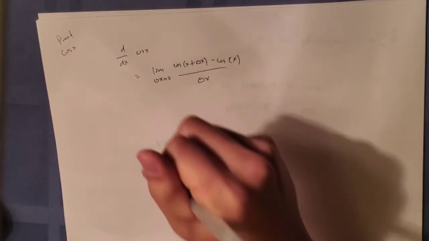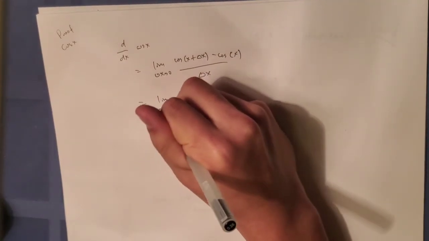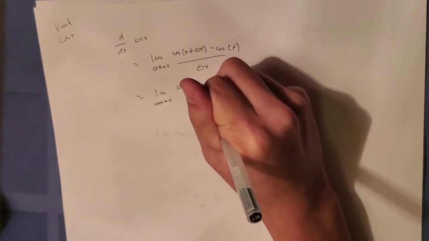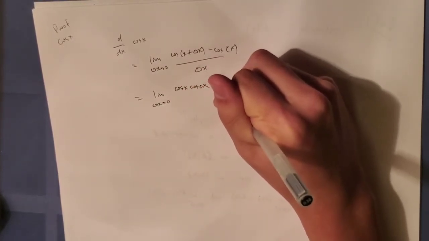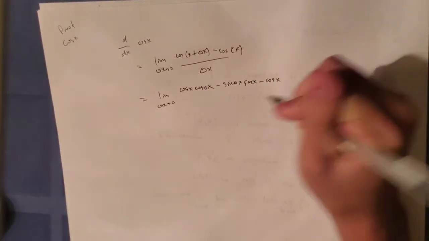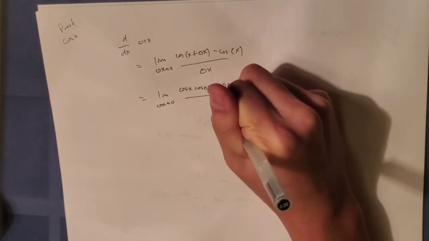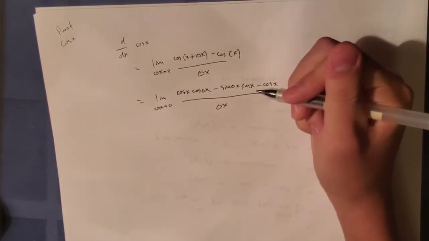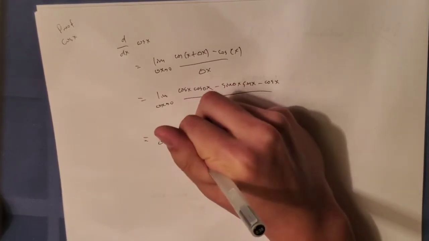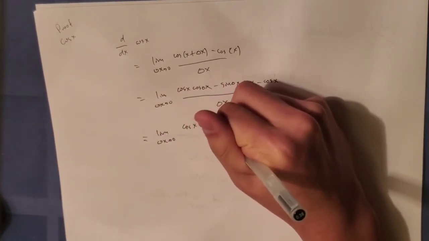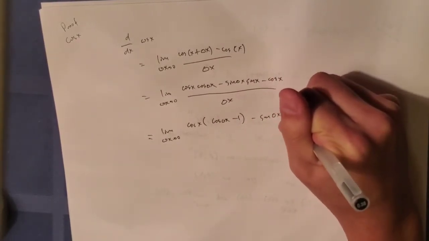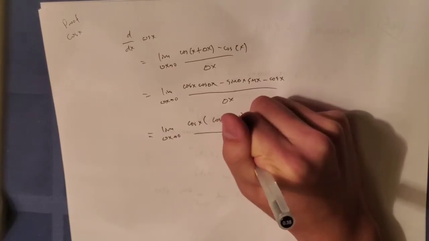And this equals the limit as delta x approaches 0 of cosine x cosine delta x minus sine delta x sine x minus cosine x all over delta x. And this is your cosine addition formula, and then we can just do the same thing we did for sine. So cosine x times cosine delta x minus 1, minus sine of delta x sine of x, over delta x.